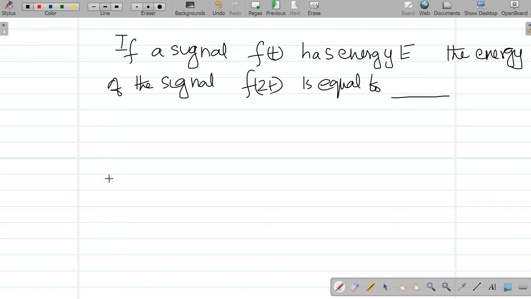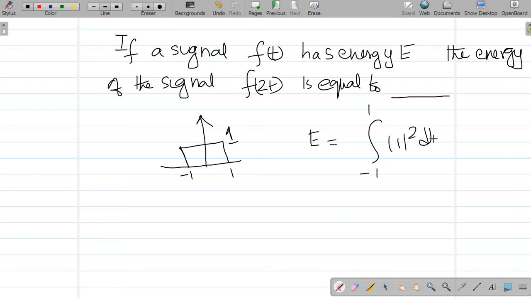So suppose we are having a signal something like this. Let us say it goes from minus 1 to 1 and it is having an amplitude of 1. Now we know the energy is nothing but the integral from minus 1 to plus 1 of 1 the whole squared dt. If you evaluate this integral, it is going to be 2 joules.